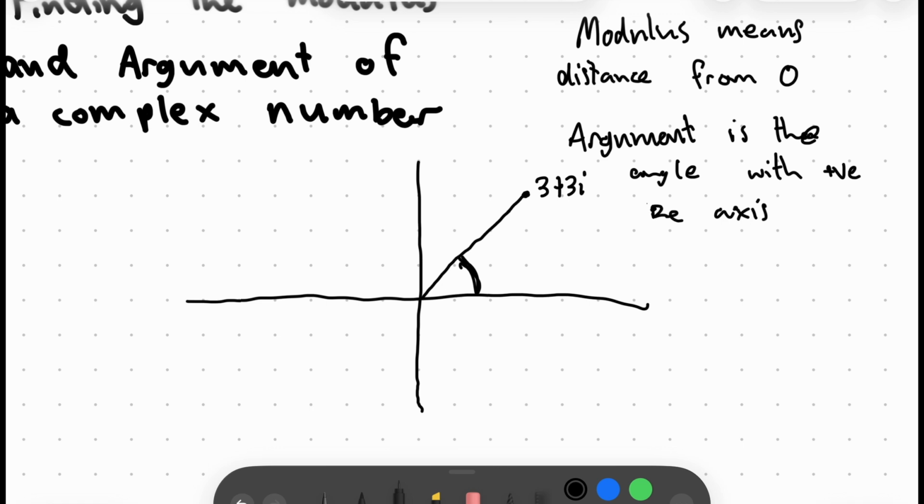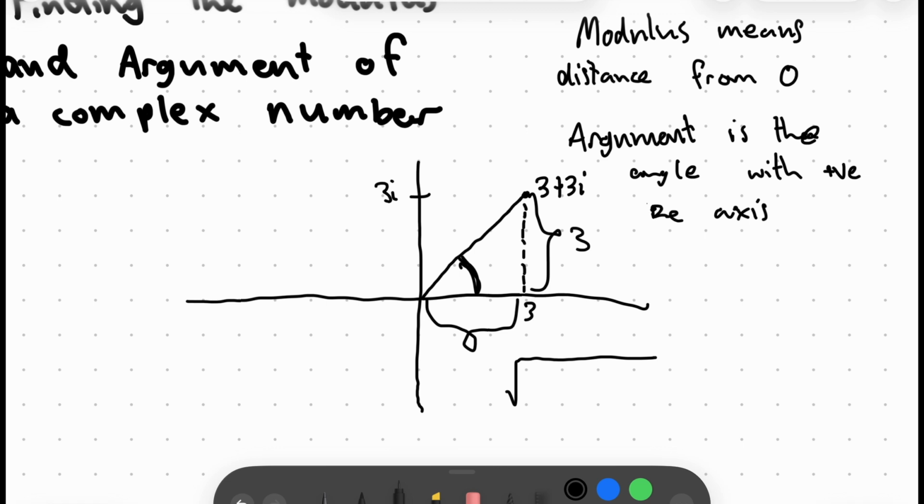So, we've got 3 plus 3i. Let's find the modulus. Using Pythagoras, if we can imagine this as a triangle here, with this being one side and this being another side, we can just take the square root like this. This side here is going to be 3, that'll be 3i, and that will be 3.